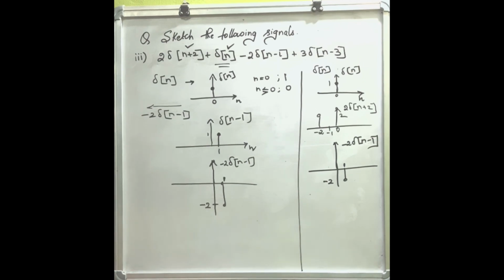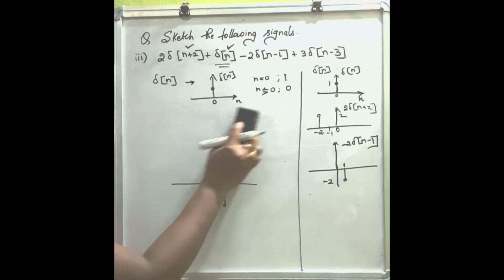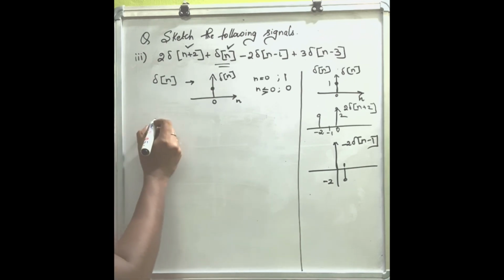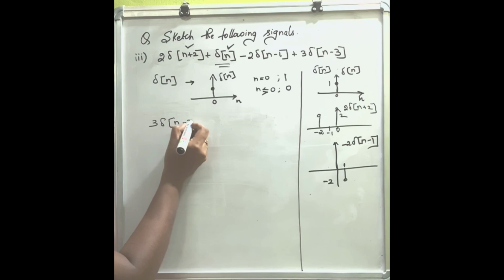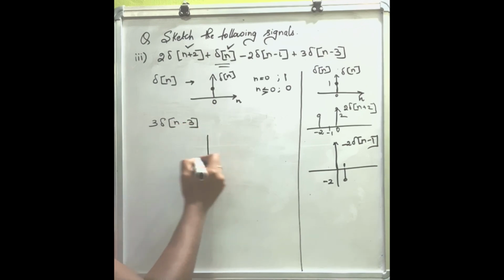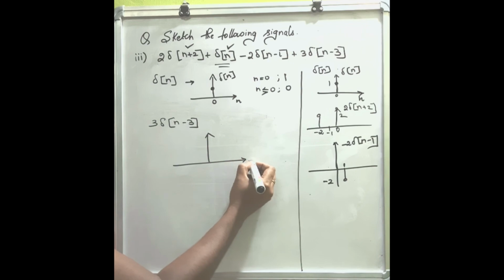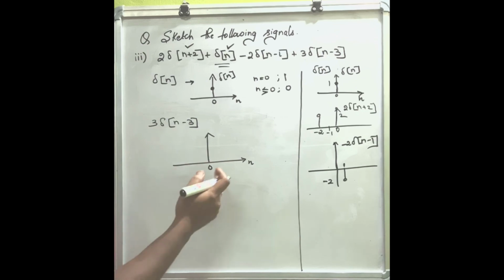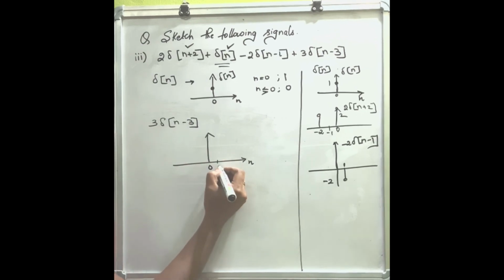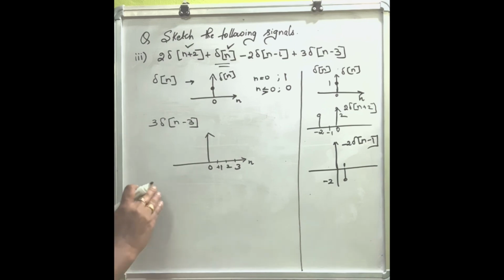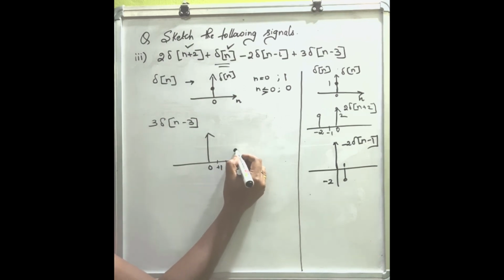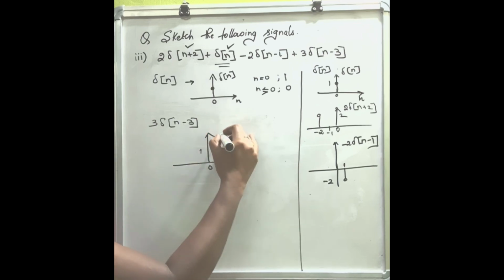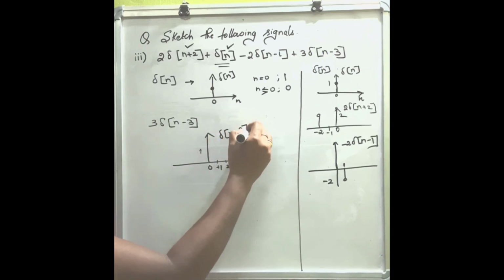Now consider the last one, 3 del of n minus 3. Instead of starting from 0, you have to start from 1, 2 and 3. You are shifting it 3 times to the right side. The amplitude is 1, so this is your del of n minus 3, starting from plus 3 instead of 0.